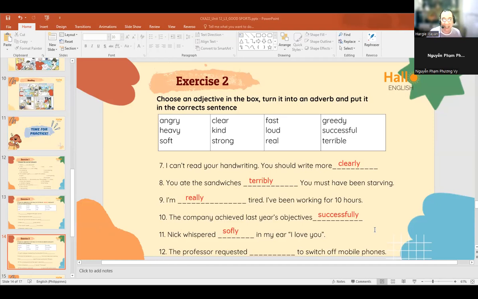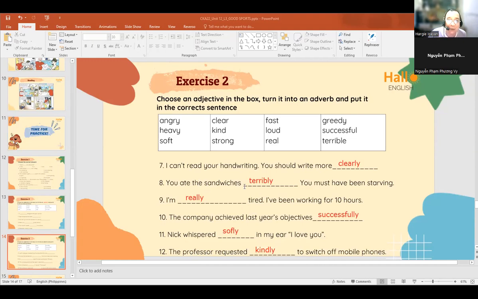So that's greedy, greedily. So the professor requested kindly to switch off mobile phone.